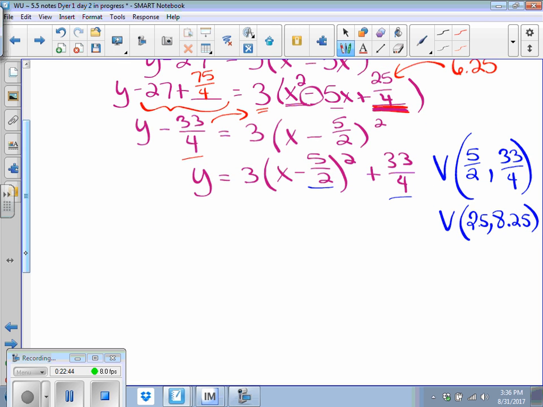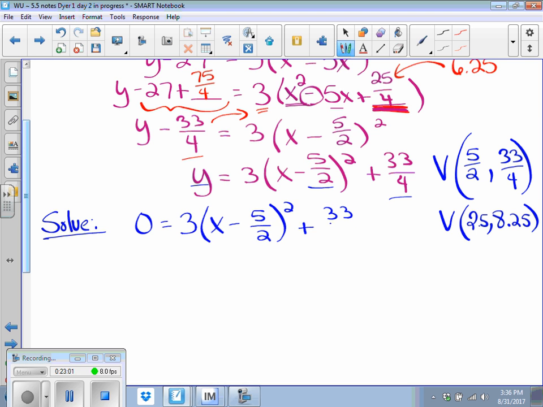Okay, now we need to solve. When we solve, we let y equal 0. So we have 0 equals 3 times x minus 5 halves squared plus 33 over 4. Now, if you left them as decimals, they'd be decimals instead of fractions. That does not change our process at all. First thing I need to do, move that over there.